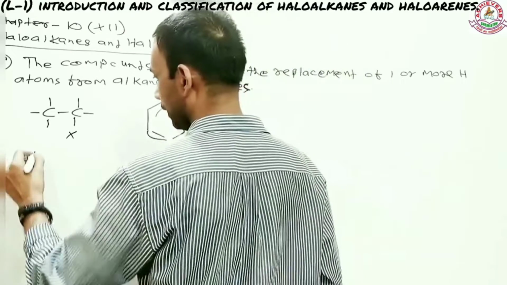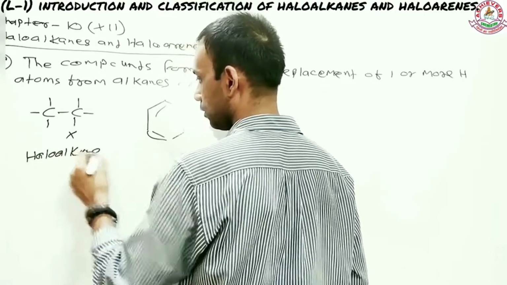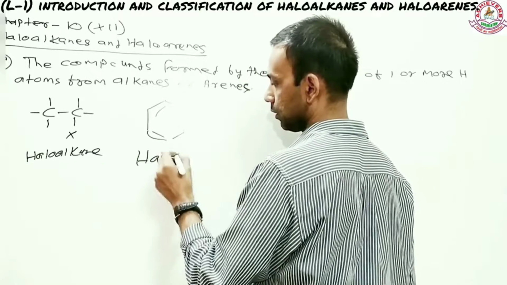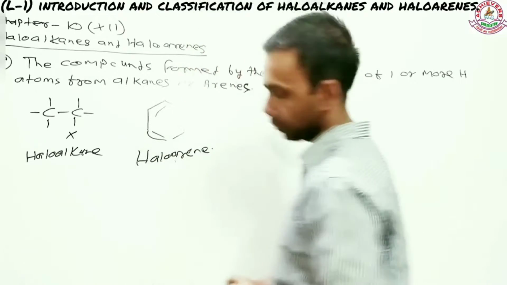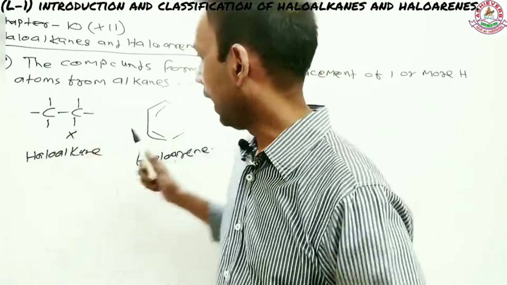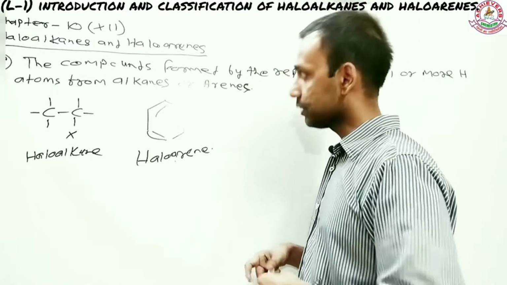So this is your haloalkane, and this is your haloarene. Okay, let me repeat it back. When one or more hydrogens from an alkane are replaced by halogen, it is called haloalkane, and when one or more hydrogens are replaced from benzene, it is called haloarene. So this is what the definition is.